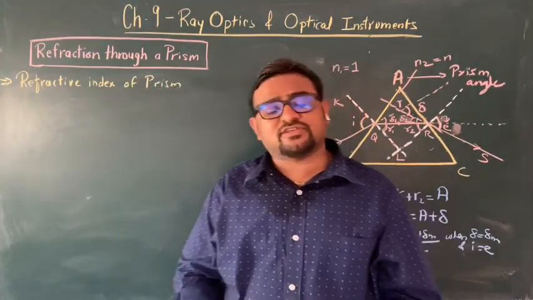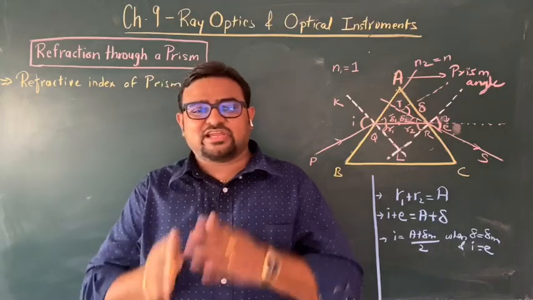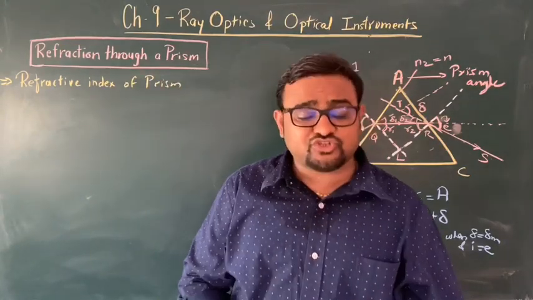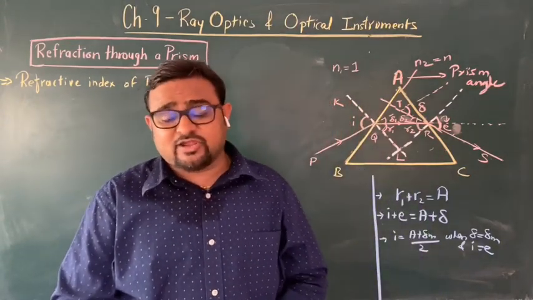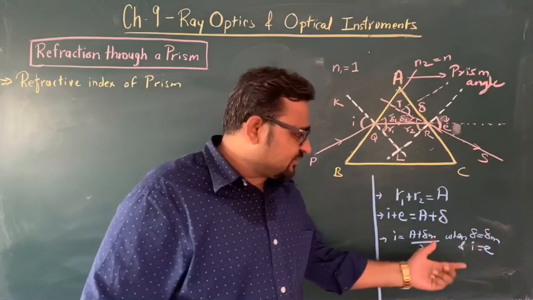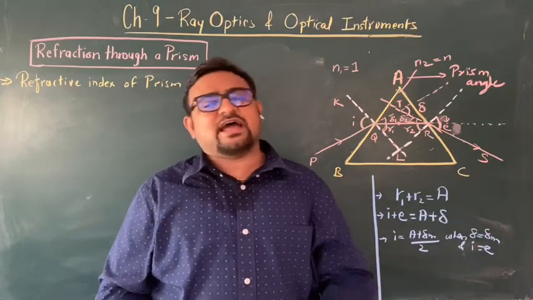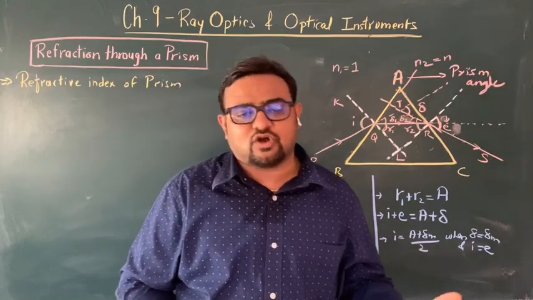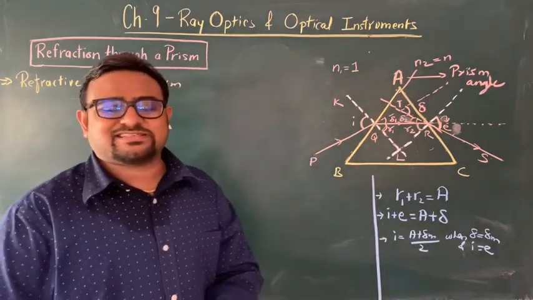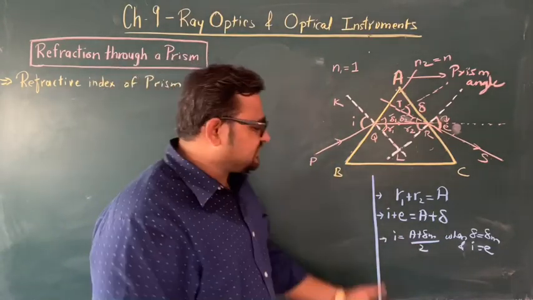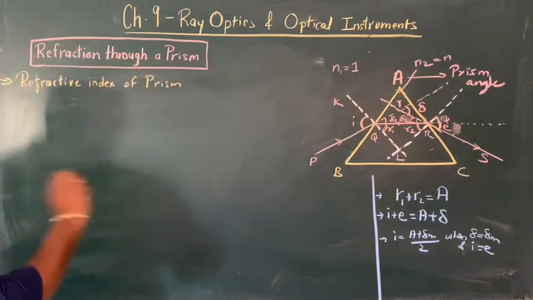Now, the last part of this topic, that is the refractive index of a prism. So a question can be asked for 4 marks: using the prism equation, derive the equation for the refractive index of the prism. So first, let's write down the prerequisite formulas.